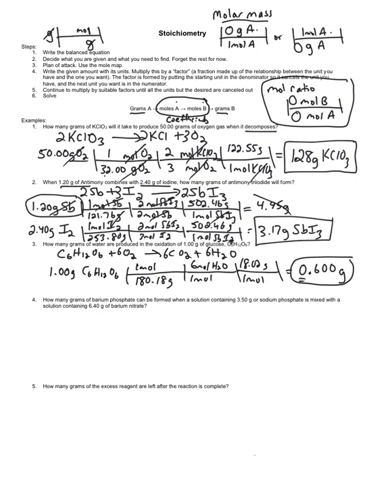Again, it is a limiting reactant problem. So we have barium nitrate reacting with sodium phosphate to produce barium phosphate and sodium nitrate.